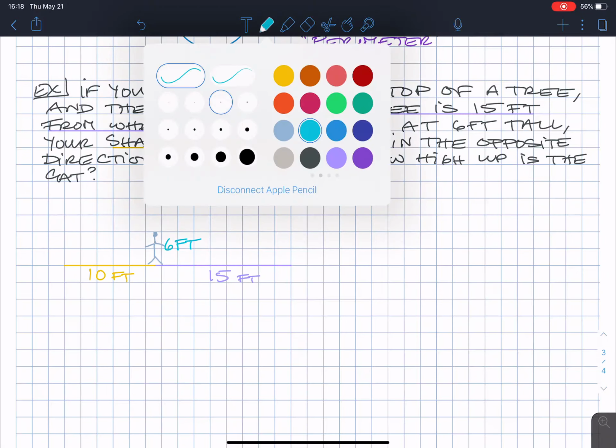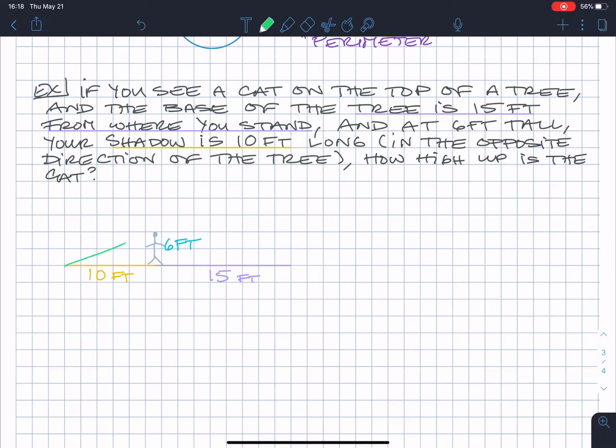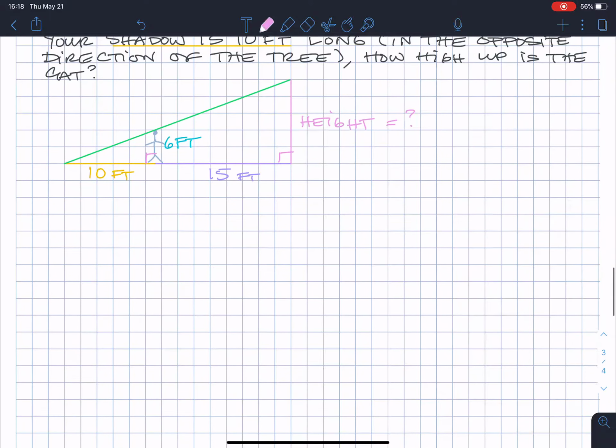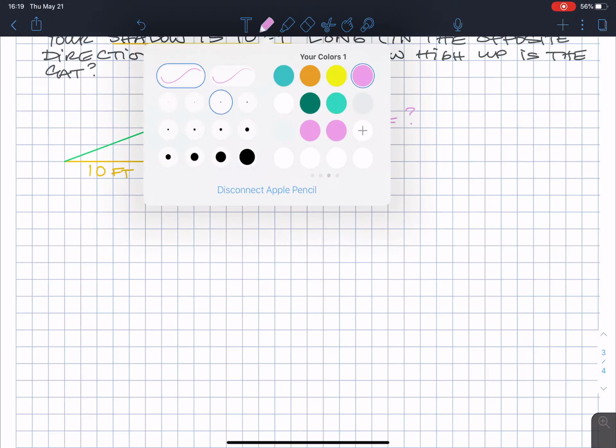Okay, so my goal is to use similar triangles to find the height. So the height equals question mark. Okay, I want to find the height. So I can use similar triangles here because this is a right triangle where I stand. And this is a right triangle overall. So let's look at both of these triangles.